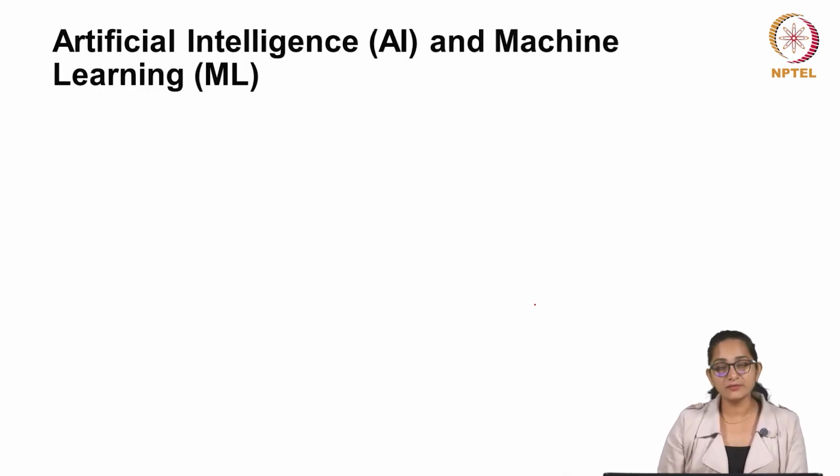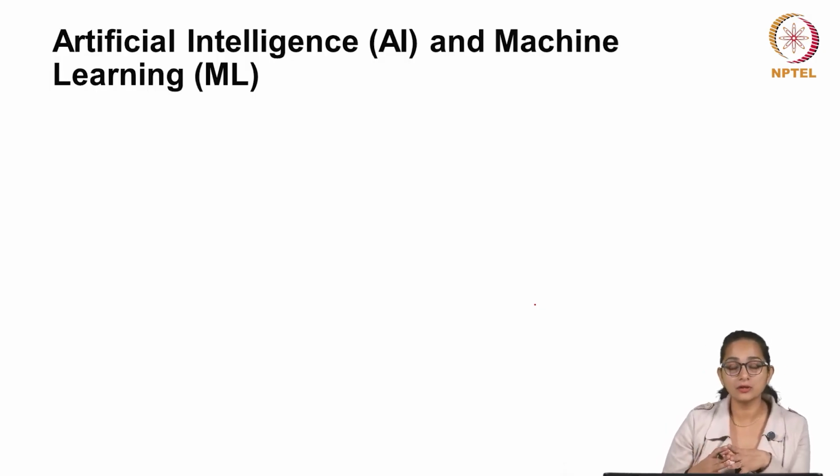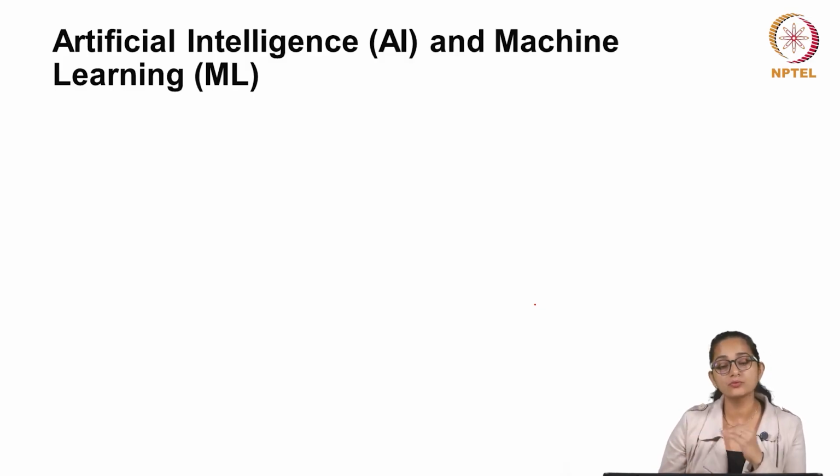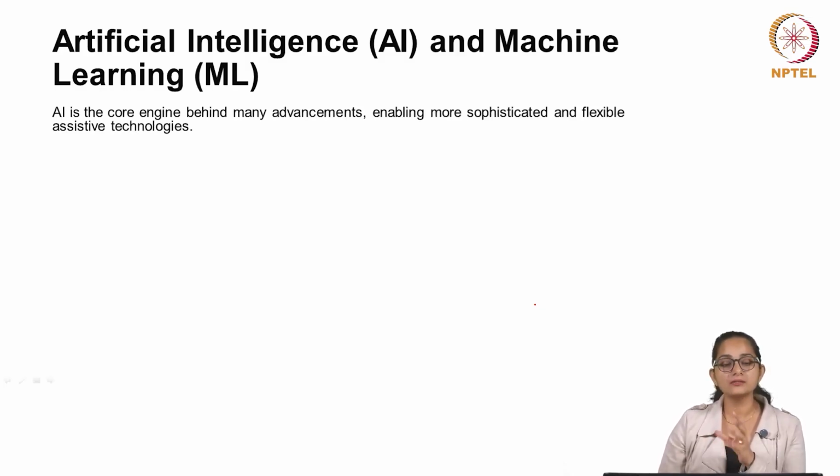We have classified them based on the kind of domain they fall into. First is artificial intelligence and machine learning based technologies. AI is the core engine behind many advancements, enabling more sophisticated and flexible assistive technology.